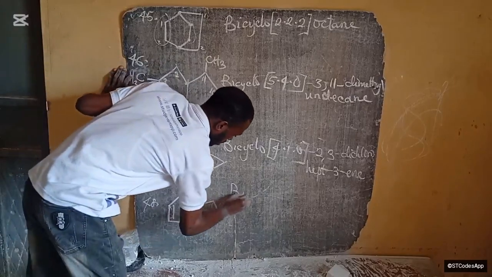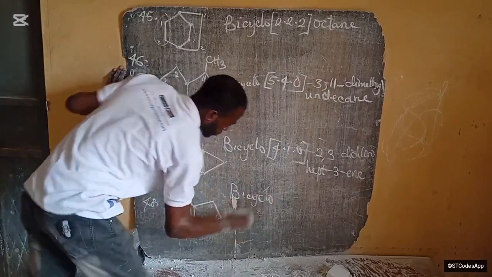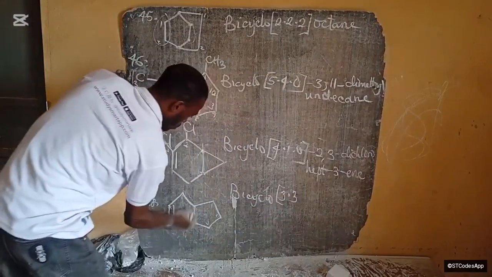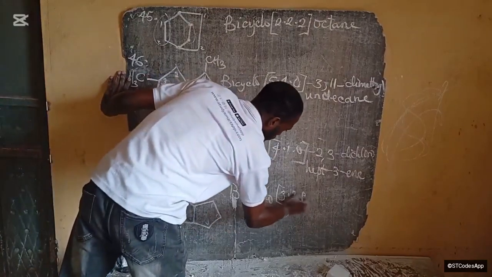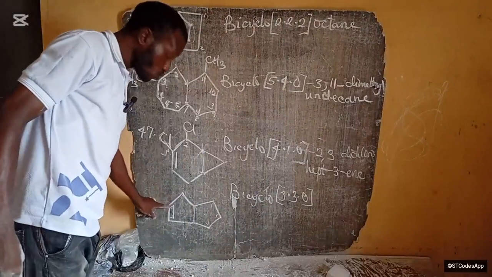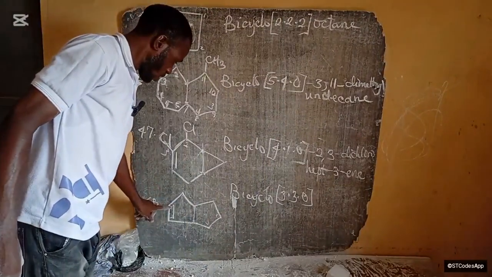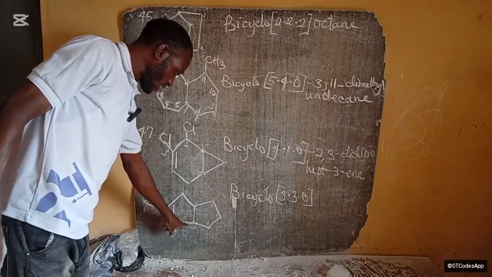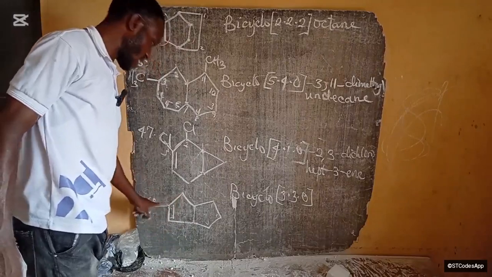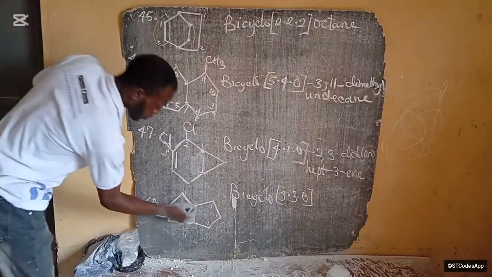So start. Bicyclo. 3, 3, no carbon here, 0. Then 1, 2. So our double bond is on 2. If we go like this, 1, 2, okay, double bond is also on 2 here. No, 1, 2, 3, rather. Sorry. You're always starting from here.